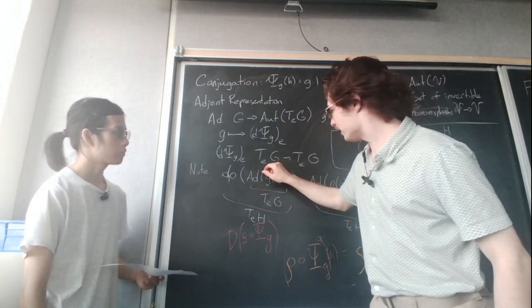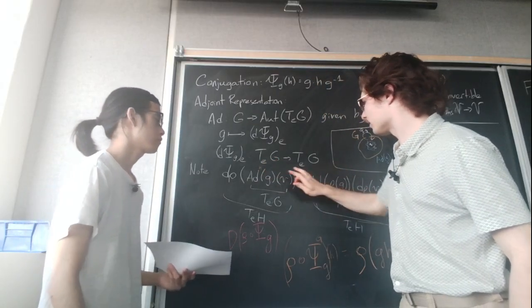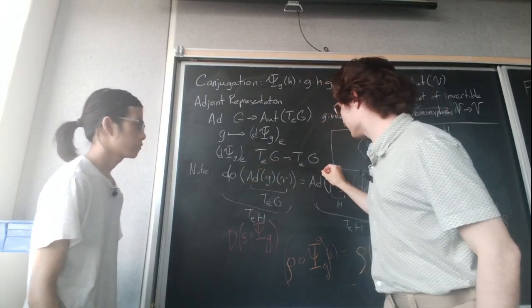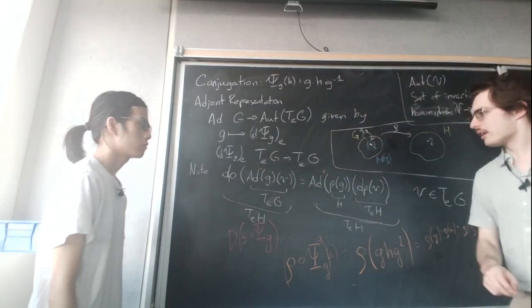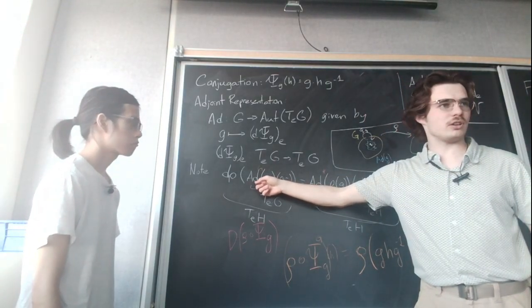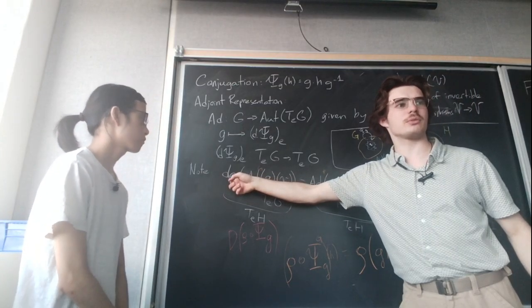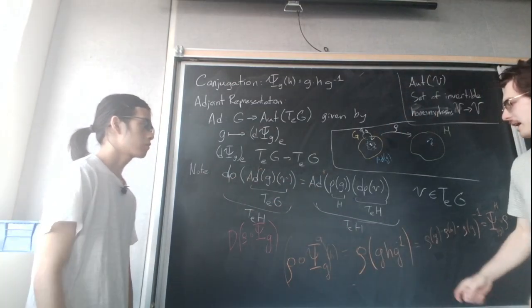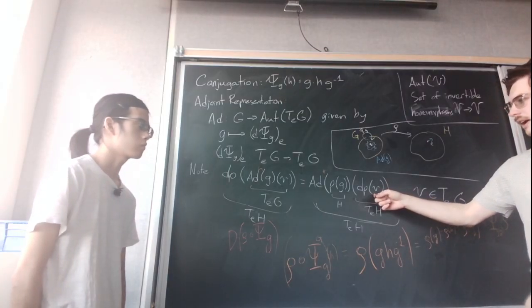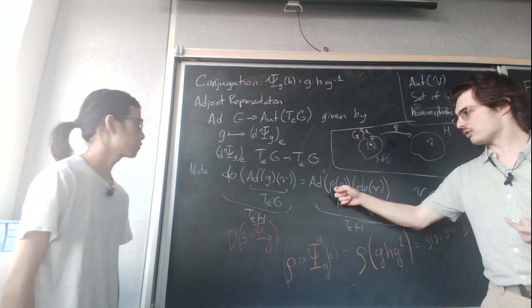This is Ad in H, and this is the Ad in G, and this is the Ad in H, right? So if I do conjugation by G, take the derivative of that, and compose that with the derivative of rho, that's the same as doing a derivative of rho and then doing a derivative of the conjugation at rho of G.